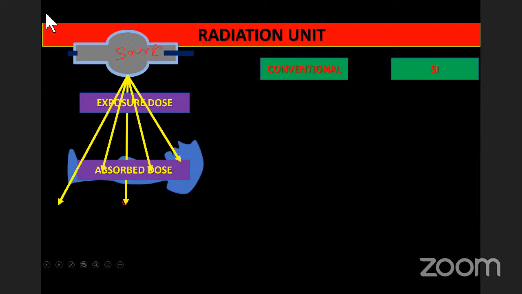Okay, are you guys following me? Just type yes or something. I'm not understanding if you guys are following me. Okay, thank you. So whatever is there in the environment, we call it exposure dose, and whatever is absorbed is called the absorbed dose.